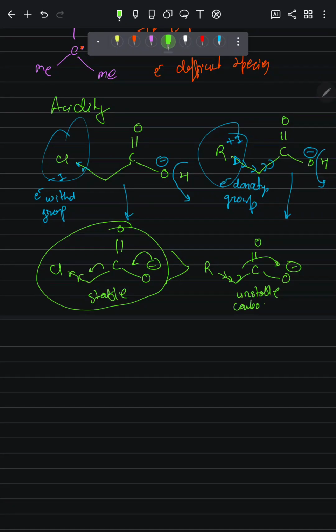So we can know the acidity also. If it is more acidic, then it is more stable. So acidity is directly proportional to stability.